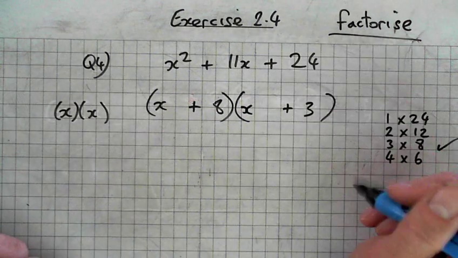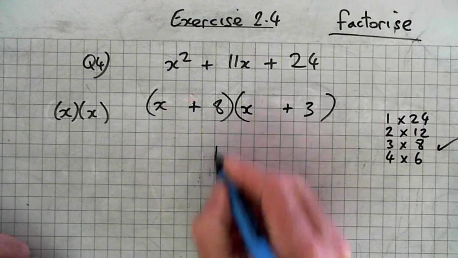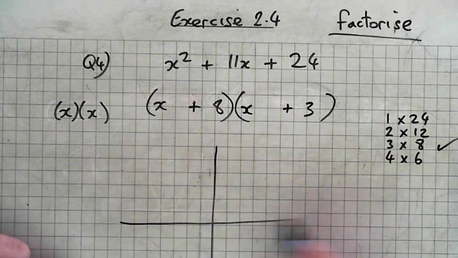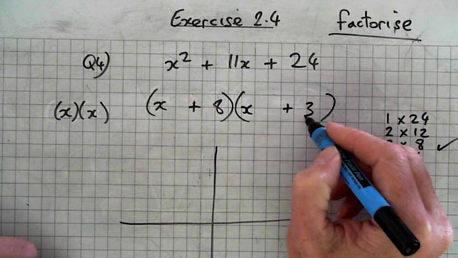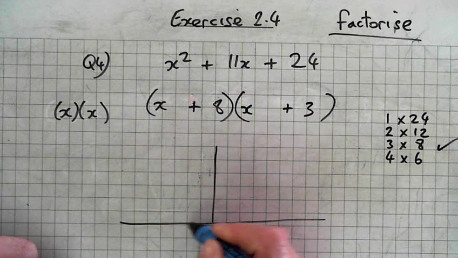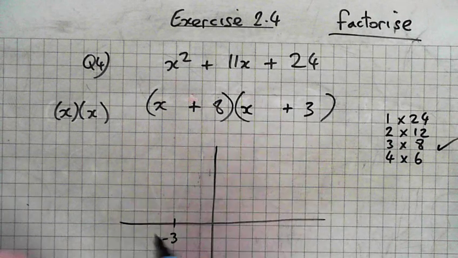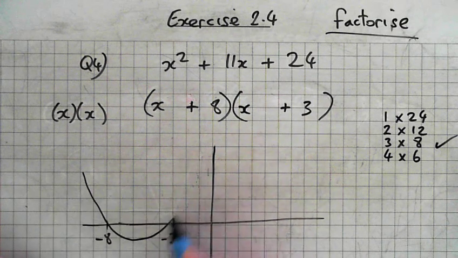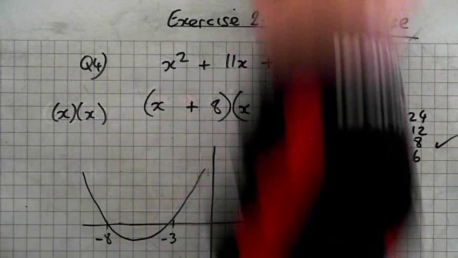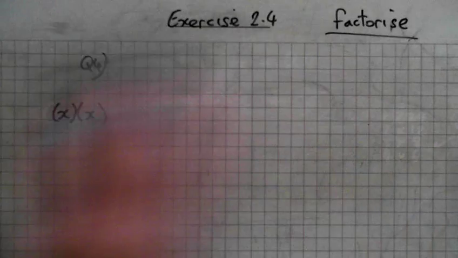Correct? Okay, so if I was drawing a graph, where does it cross the x-axis? Minus 3 and minus 8. So it looks something like that. That's question 4.